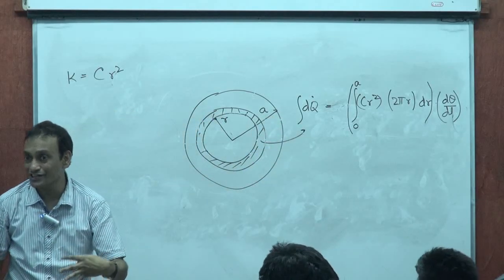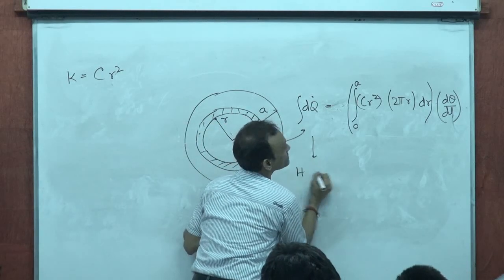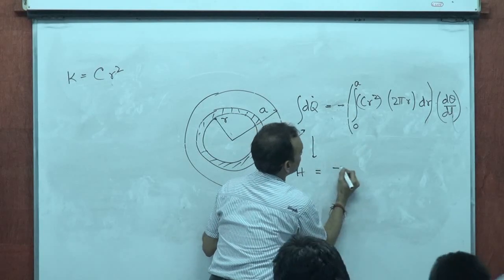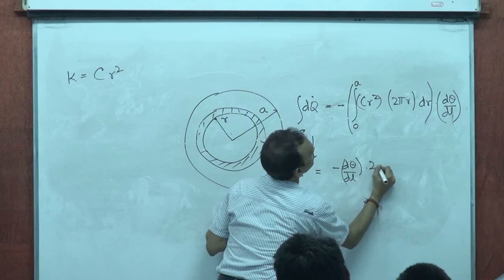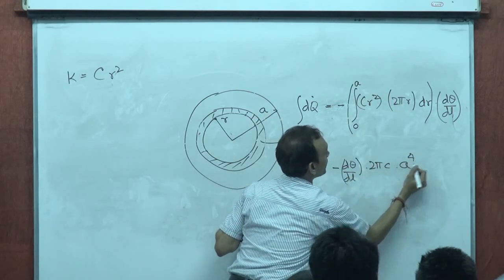Sum of all the dq dots is H. That's right. So H is minus d theta dl times 2 pi C, this is r cube, so A power 4 by 4.